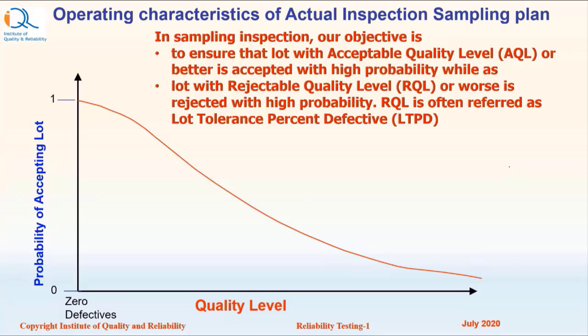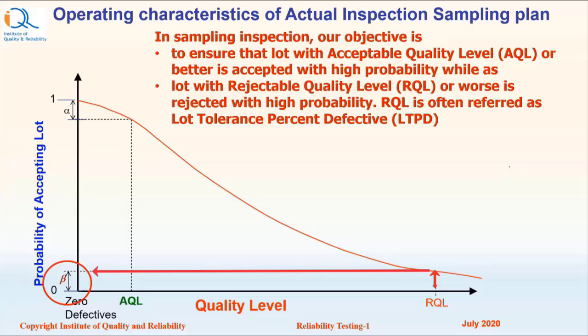Now let us understand a few more things. At AQL, the probability of acceptance should be high. The difference between this probability and unity is the alpha risk. Also, at RQL, the probability of acceptance should be low, which is the beta risk.